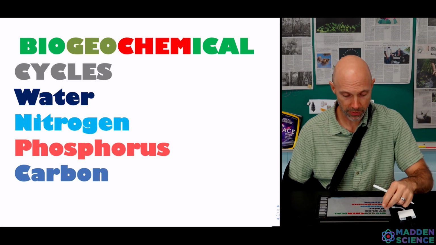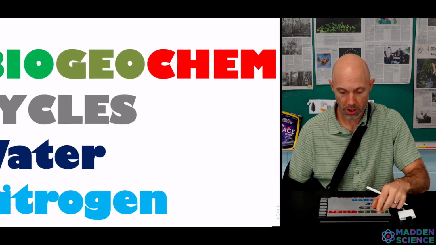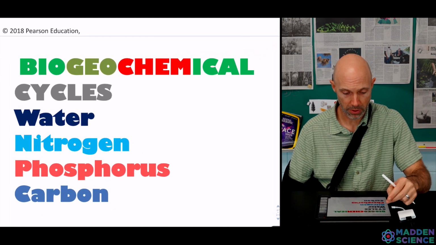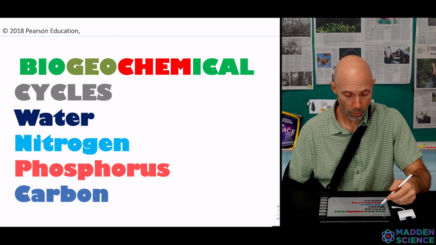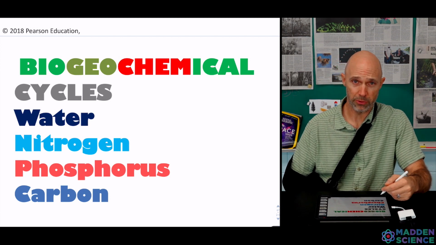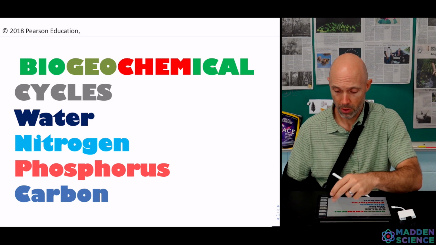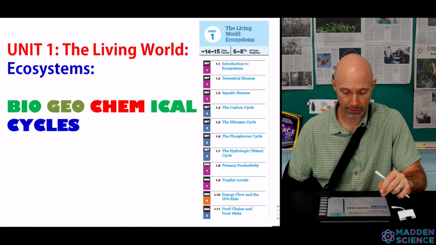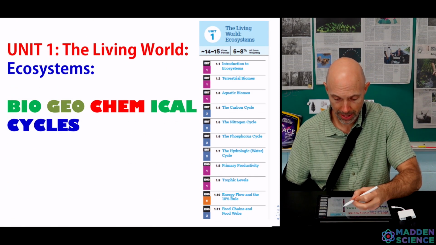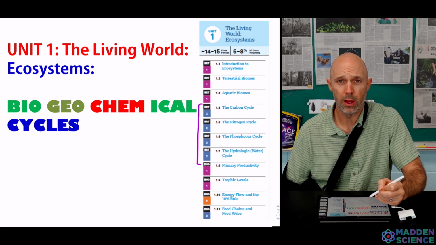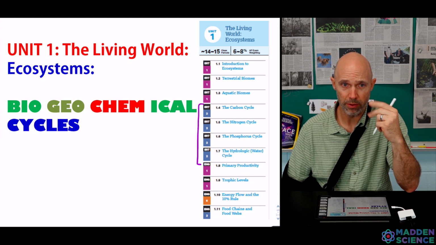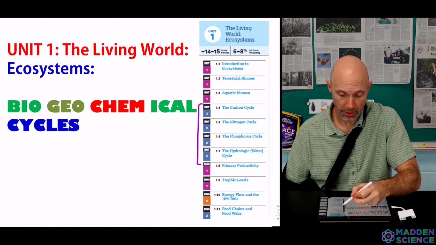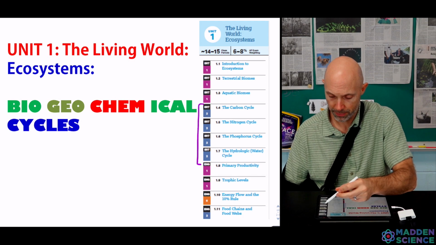So focusing on this, we've got biogeochemical. So the life, the earth, and the chemistry involved in cycles: water, nitrogen, phosphorus, and carbon. Sometimes we're calling water the hydrologic cycle. So we are in this area right here, and we'll focus on sections 1.4 through 1.7.